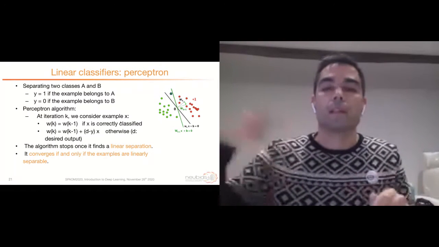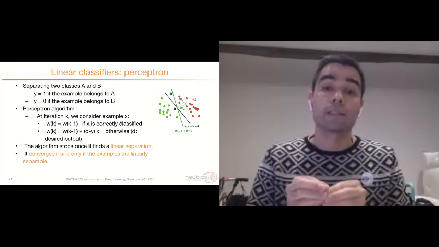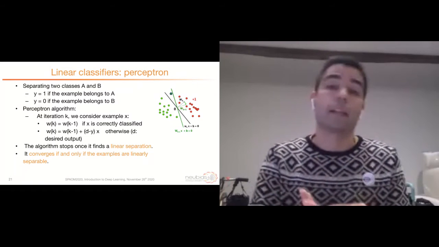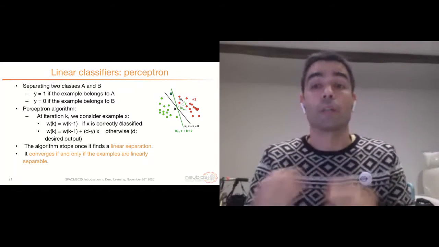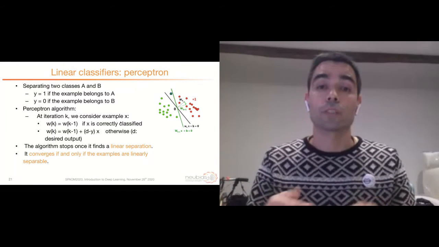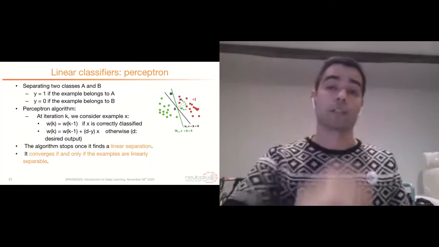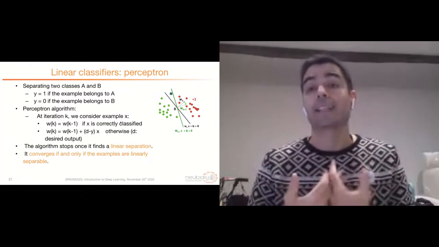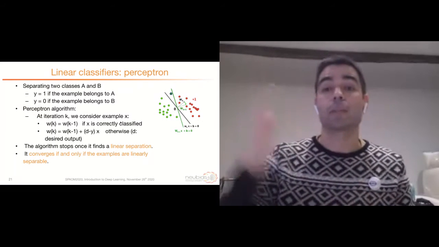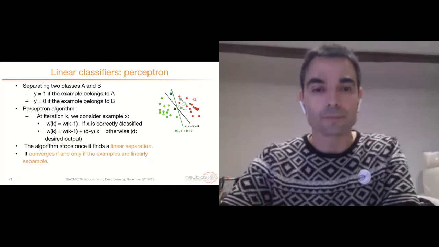If it is incorrectly classified, then we have to correct the weights, and we do it by the difference between the expected output and the real output. So iteratively, by feeding the algorithm with more and more samples, it goes correcting the orientation and the position of that line. Actually, it can only converge if the data is linearly separable, and it converges when it finds the linear separation.